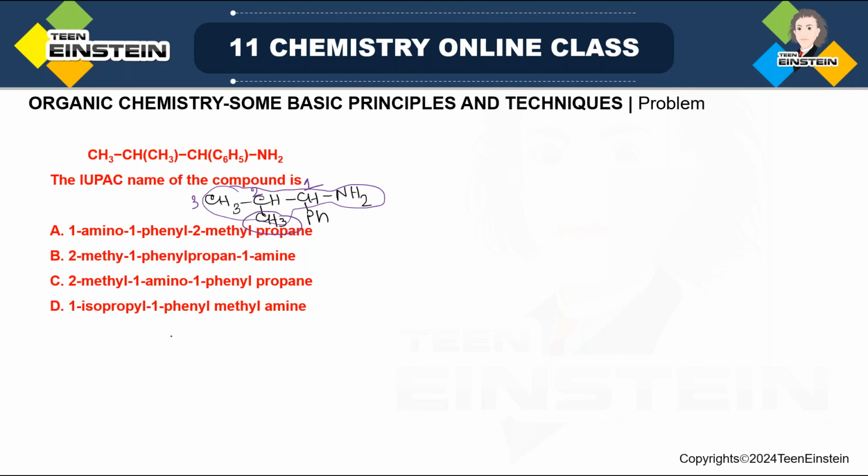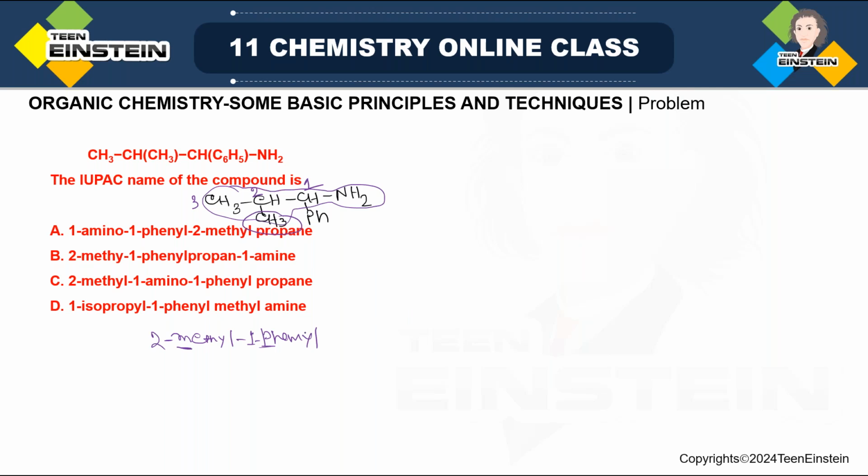Now among methyl and phenyl, M comes before P, so that is why you have to write methyl first and then phenyl, whatever the position. So 2-methyl, 1-phenyl, and the total number of carbon in the parent chain is 3. 1, 2, 3. So that is why it should be propan.